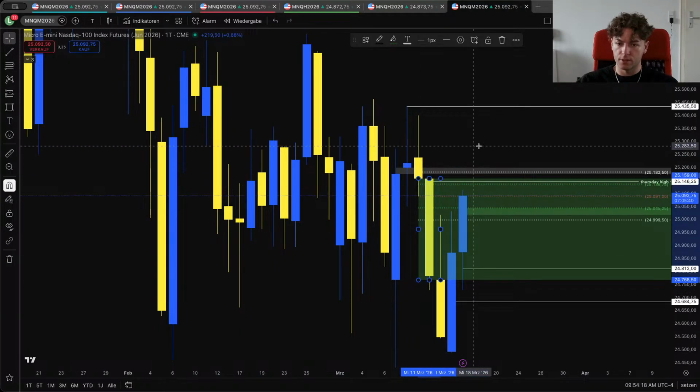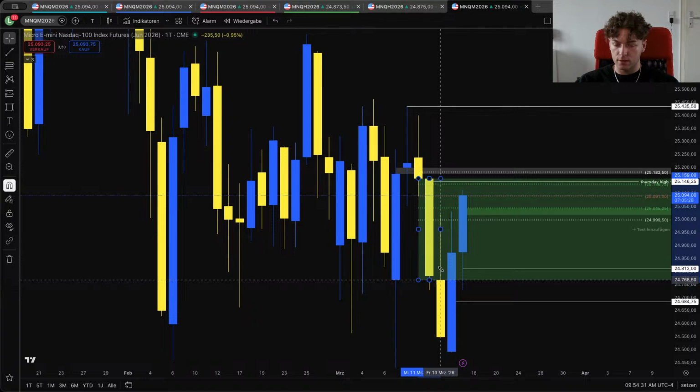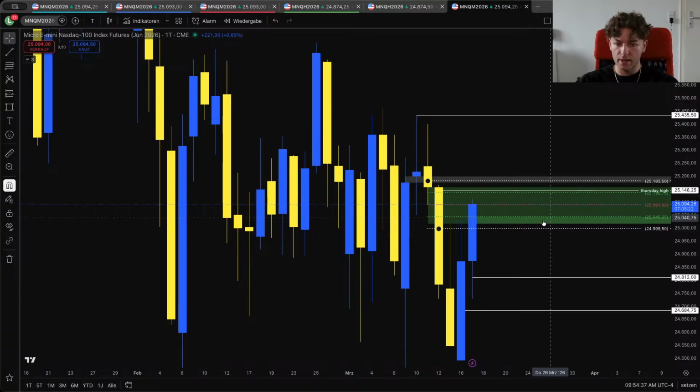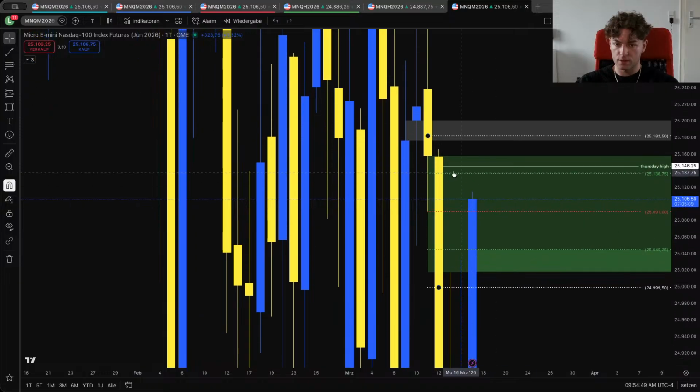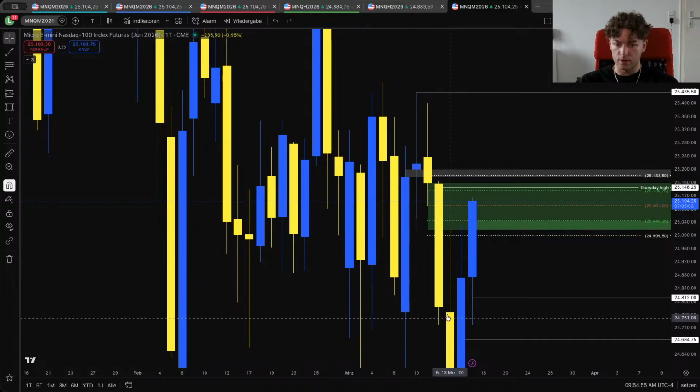Whenever there's a fair value gap on MNQ on the daily, I look at the NQ chart and check if there is the same fair value gap. And on the NQ M 2026, there's no volume imbalance in here, so the fair value gap would be just this one. So that's the reason why I'm not including this volume imbalance, and only this one. So that's the fair value gap I'm looking at.